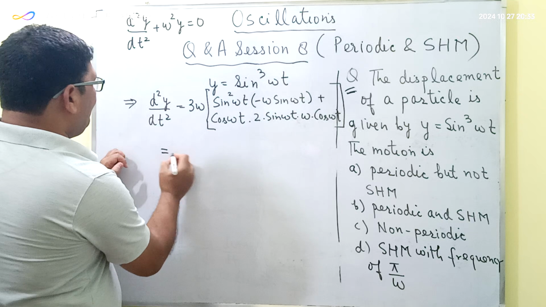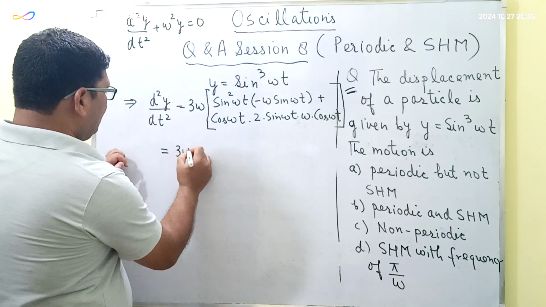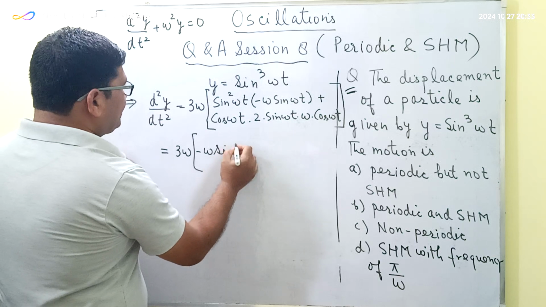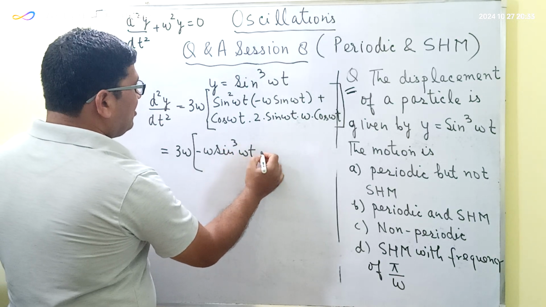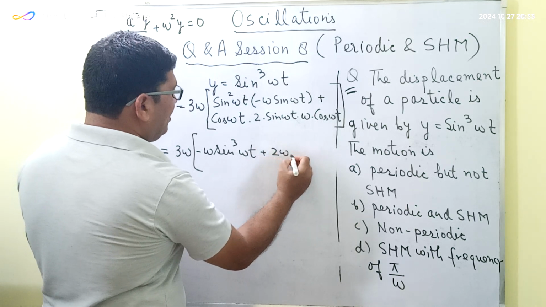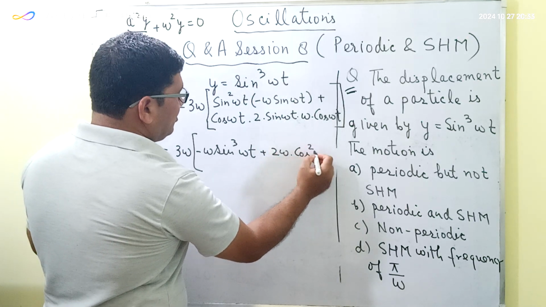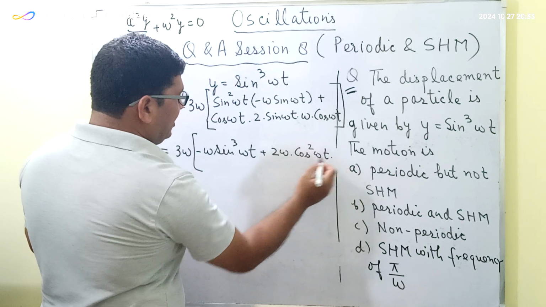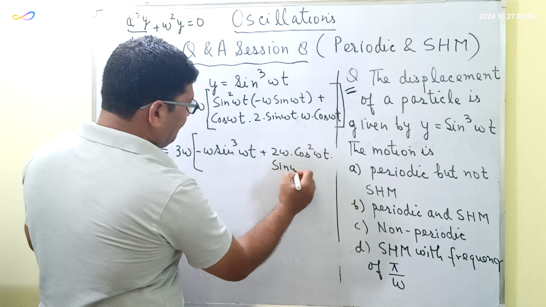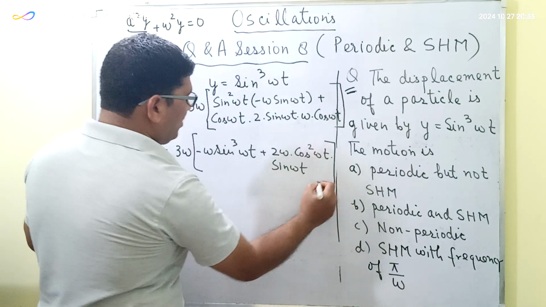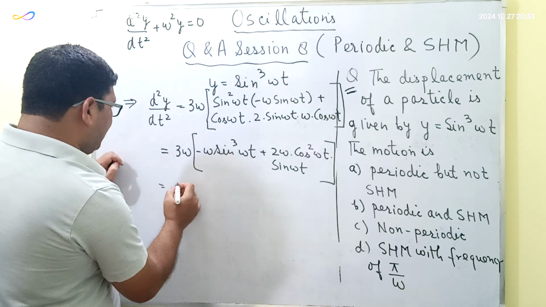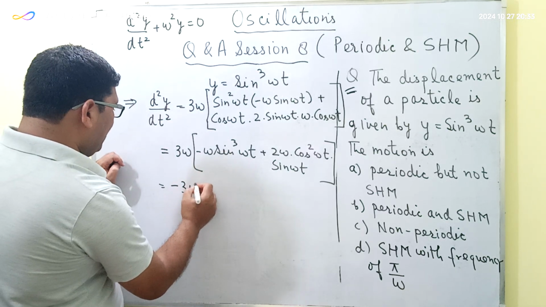So from here I will be getting the value as this will be equal to minus 3 omega sine cube omega t plus 2 times omega into cos square omega t into sine omega t. Now I will simply open this bracket, so this will be equal to minus 3 omega square.